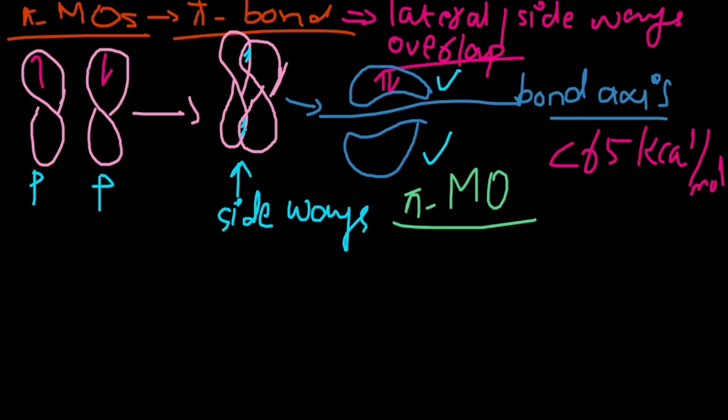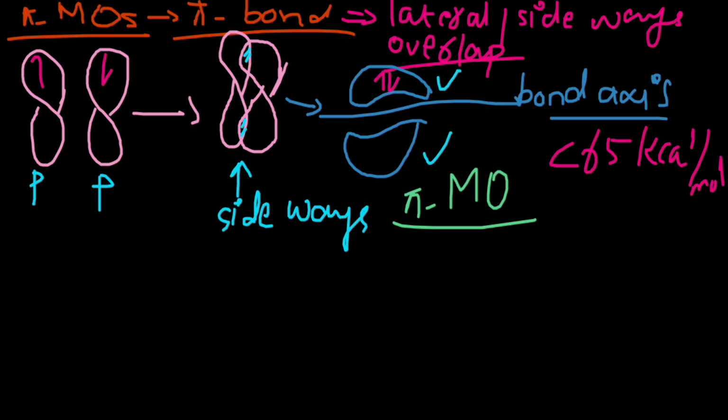Because of its less energy, it is less stable as compared to the sigma bond. Being less stable and having less energy, its bond length is greater, so the length of pi bond is always greater than the length of the sigma bond.